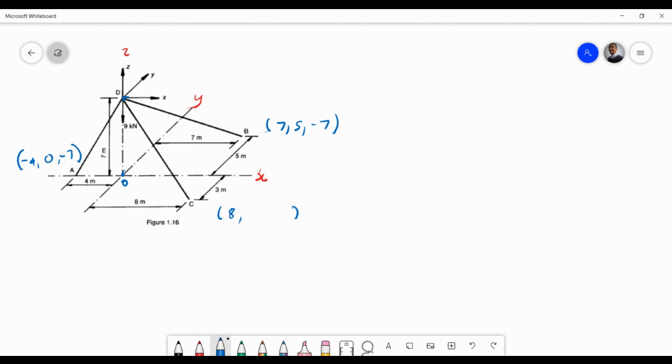Y is a 3, sir. Positive or negative? It's positive, sir, because it's going to the right side. Left side is negative. Remember, for y, it's up or down, or it's the vertical. So it should be, don't you agree with me, -3?